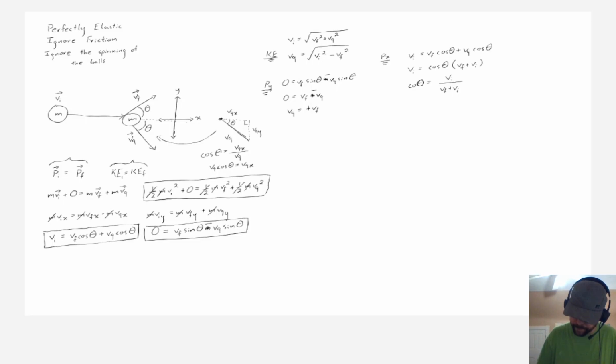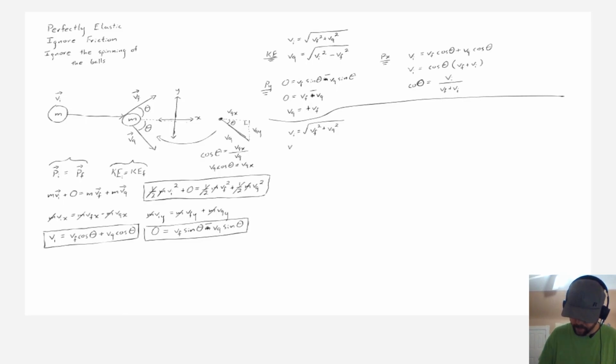Those are kind of our starting equations. We have velocity initial equals the square root of velocity final squared plus, I'll just rewrite it again, velocity 9 squared. But we're going to plug in velocity final for velocity 9.